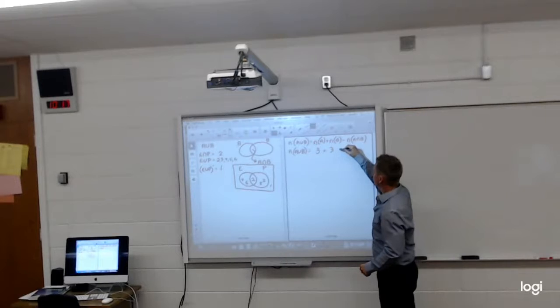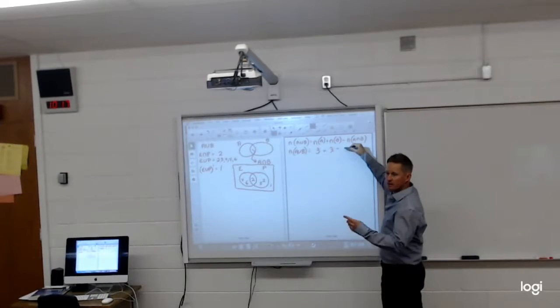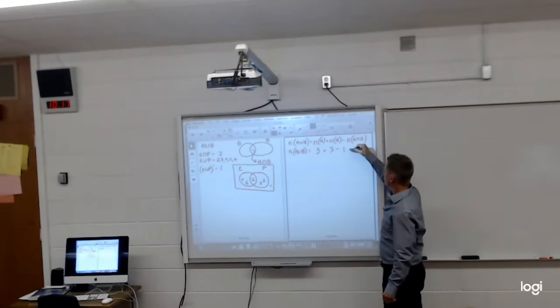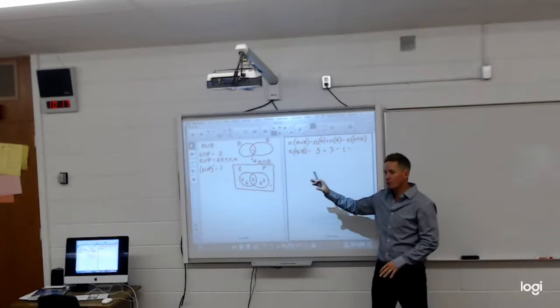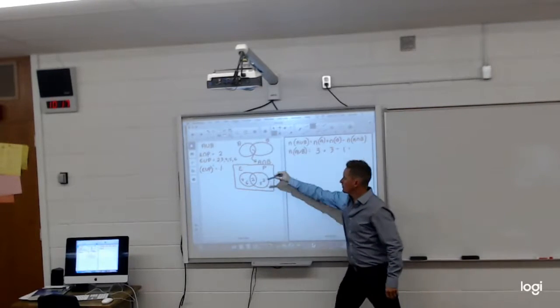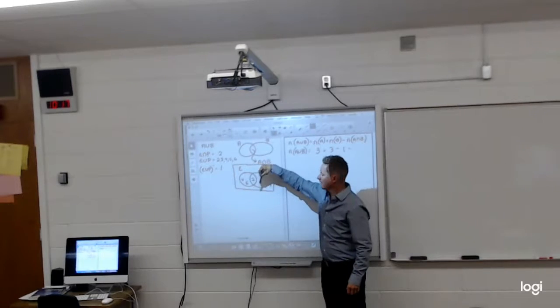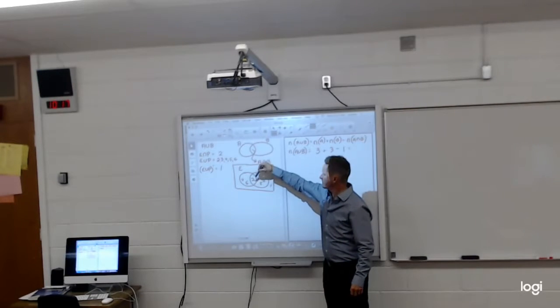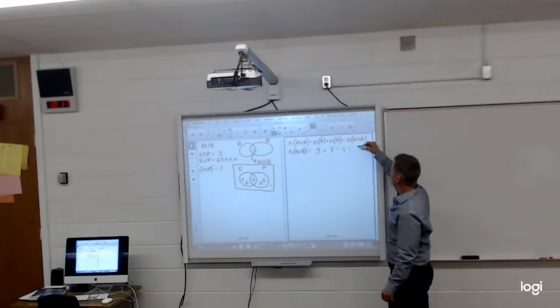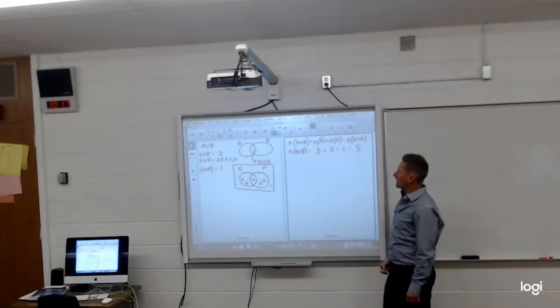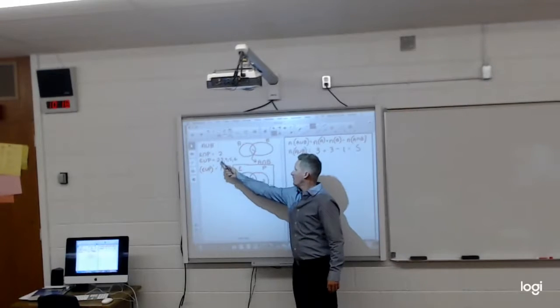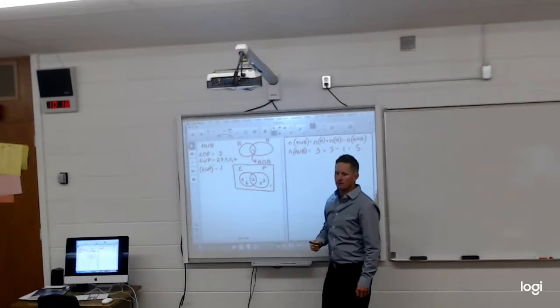And I have to subtract the one that was shared, which is 1. I'm asking about the amounts now, not the actual value, but the amounts. So there's 3 in this circle. There's 3 in this circle, and I subtract the 1 in the middle. So how many values do I have? I have 5, which is what I have here. 1, 2, 3, 4, 5.